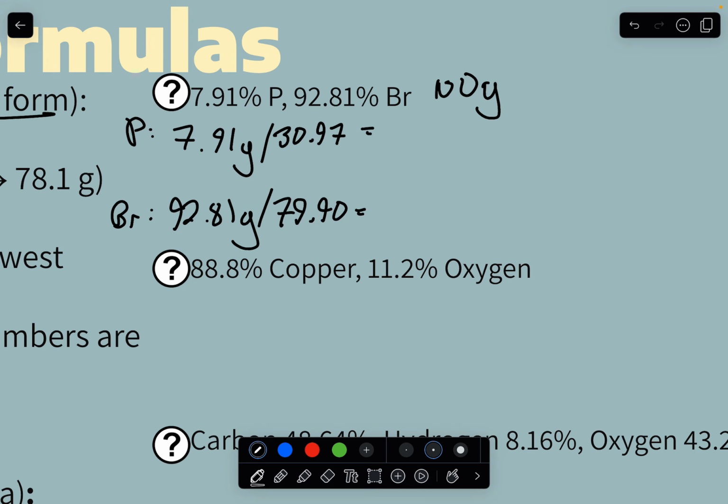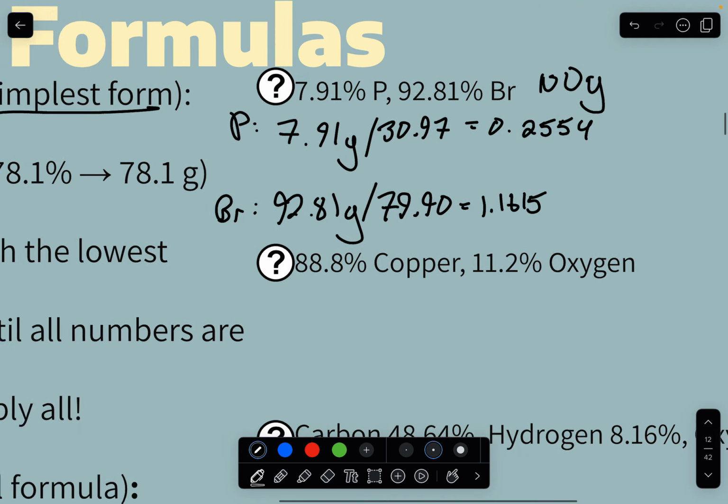Okay. If we do that division, we get 0.2554 for phosphorus and 1.1615 for bromine.